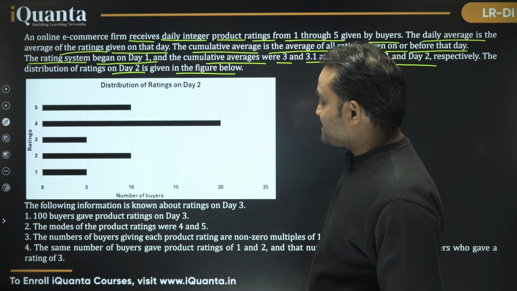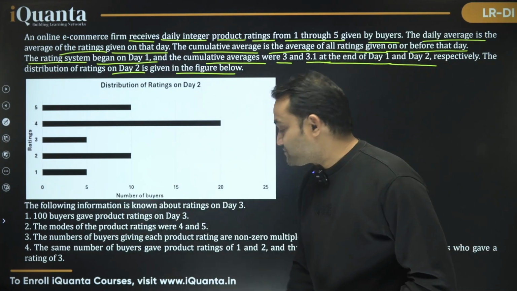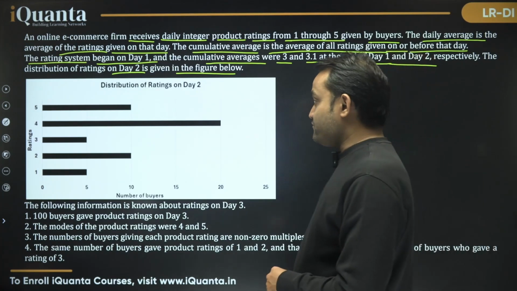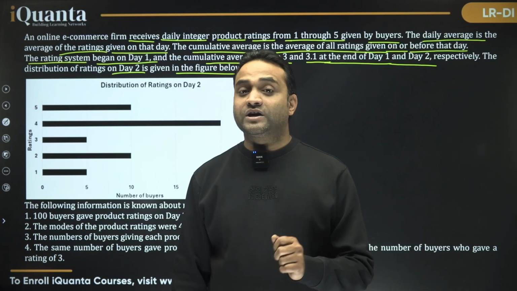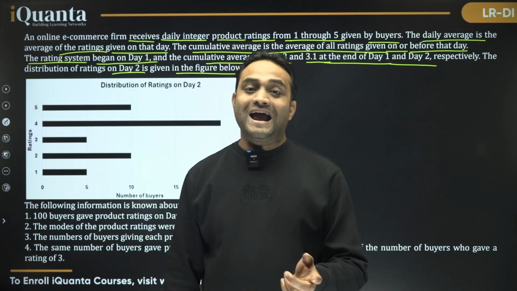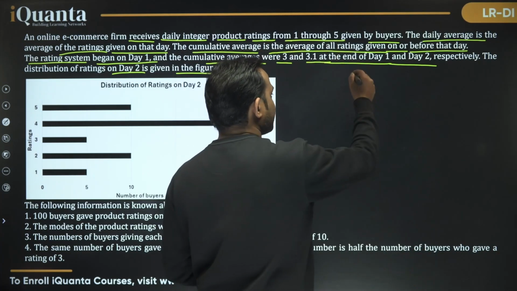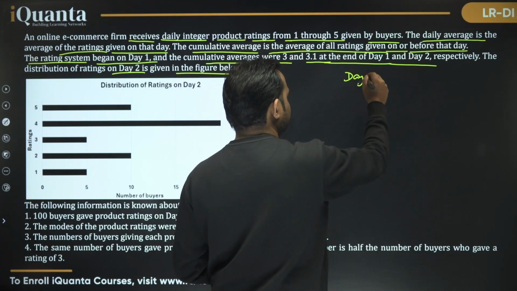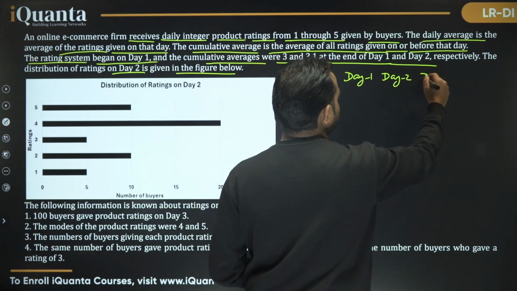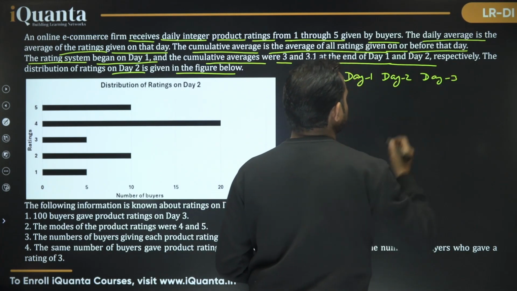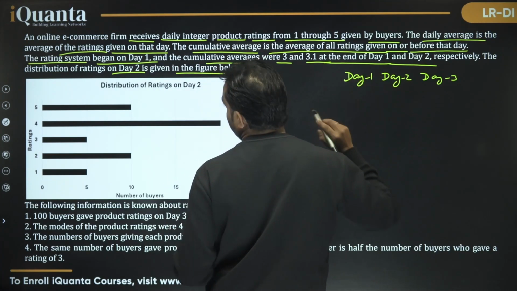Now next it says the following information is known about ratings on day 3. So some information has been given. So what do we want? We would like to make a table where we can use this information and calculate something easily if asked. So let's take day 1, day 2 and day 3. Now this is all about buyers.